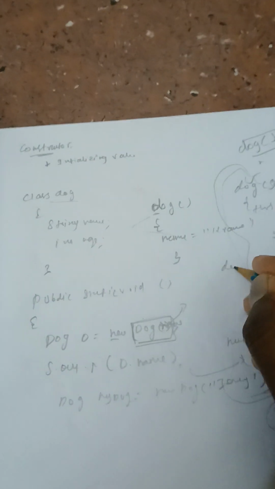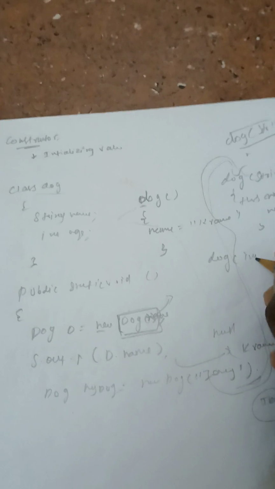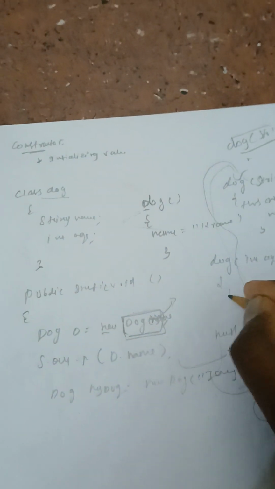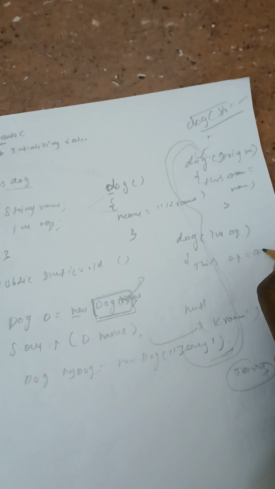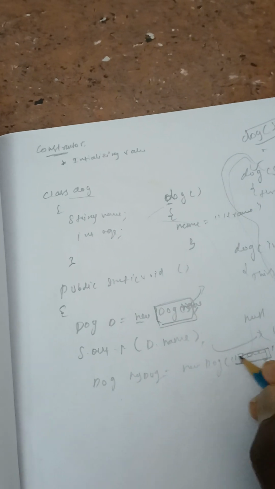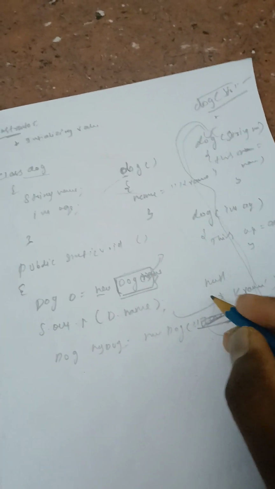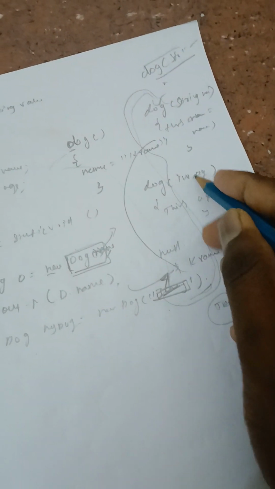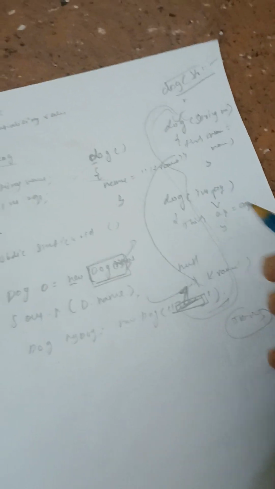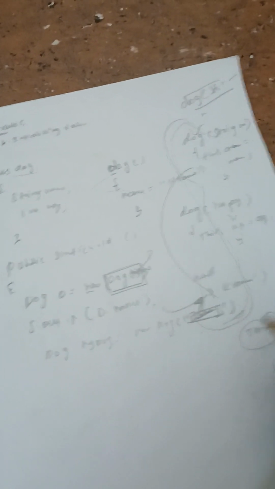Next, Dog(int age), with this.age = age. Now when we create it with an integer, the call matches the integer constructor, so it is called and the output will be 4.